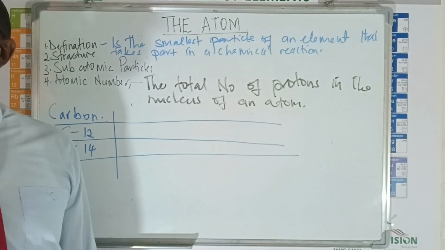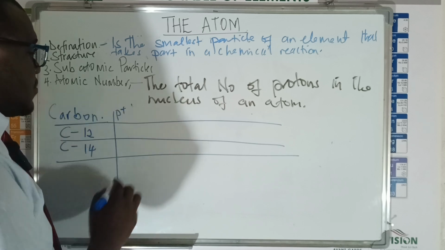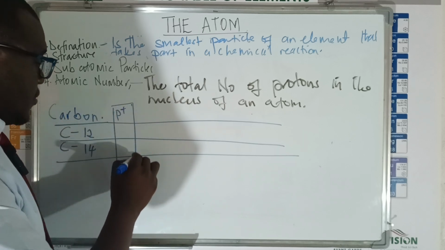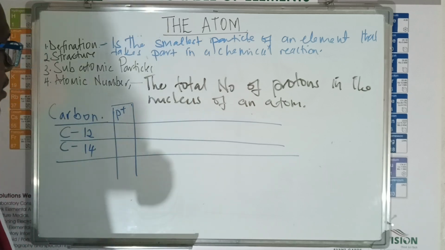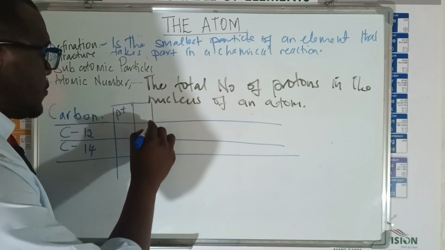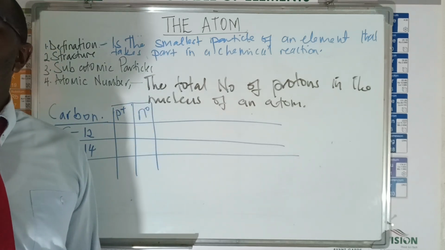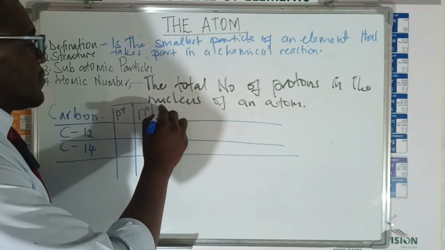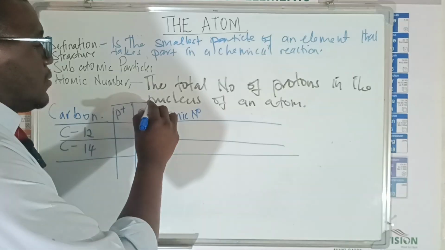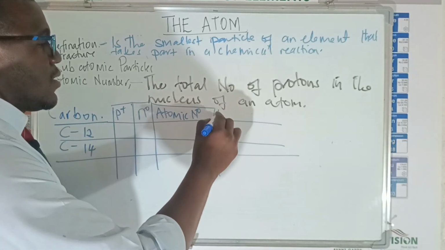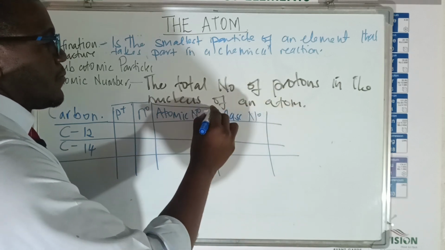If you look at the number of protons, P positive, now you know that that is protons. Then the number of neutrons, N0. Then we can put atomic number. We can have mass number.